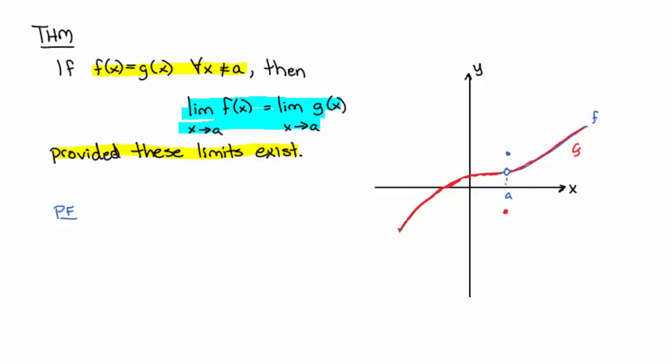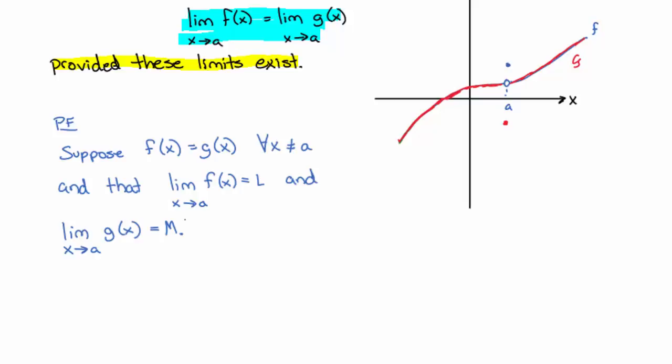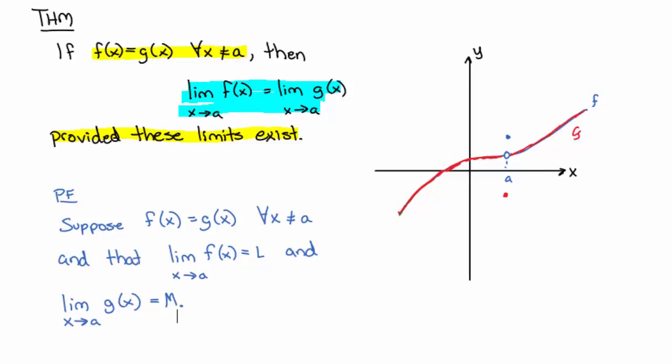So let me state that as the first part of the proof of this theorem. I'm going to say, suppose that f of x is equal to g of x for all x that's not equal to a, so that's the first highlighted part up here, and that the limit as x approaches a of f of x is some value L, and the limit as x approaches a of g of x is some value M. When I write those in there, that is insinuating that these are actual finite numbers, they exist.